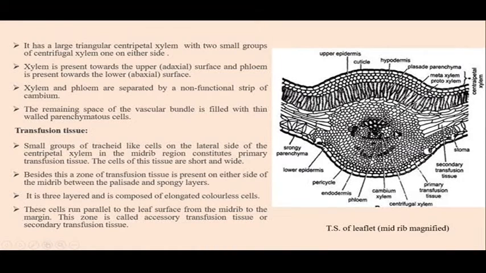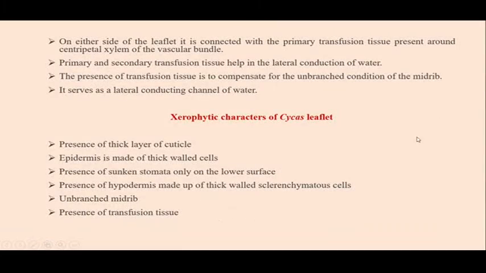So this primary transfusion tissue runs parallel to the midrib, and this secondary transfusion tissue is perpendicular to the midrib. Primary and secondary transfusion tissue help in the lateral conduction of water, and the presence of transfusion tissue is to compensate for the unbranched condition of midrib.